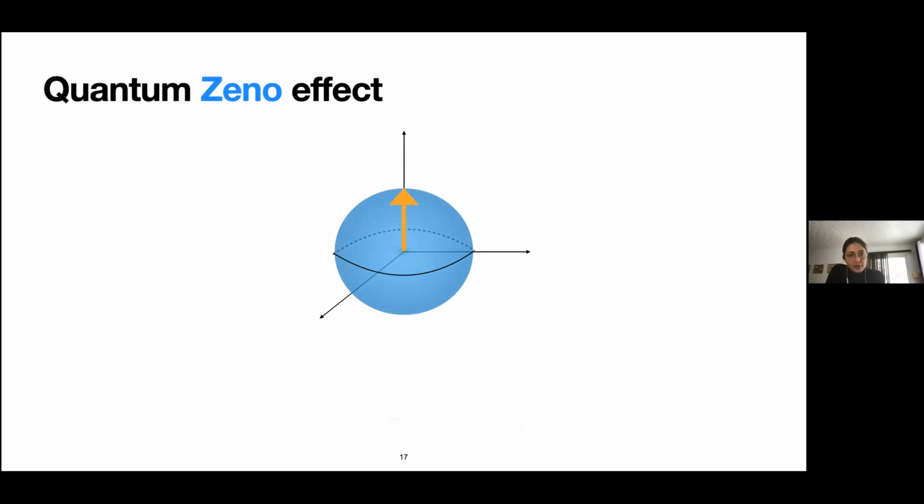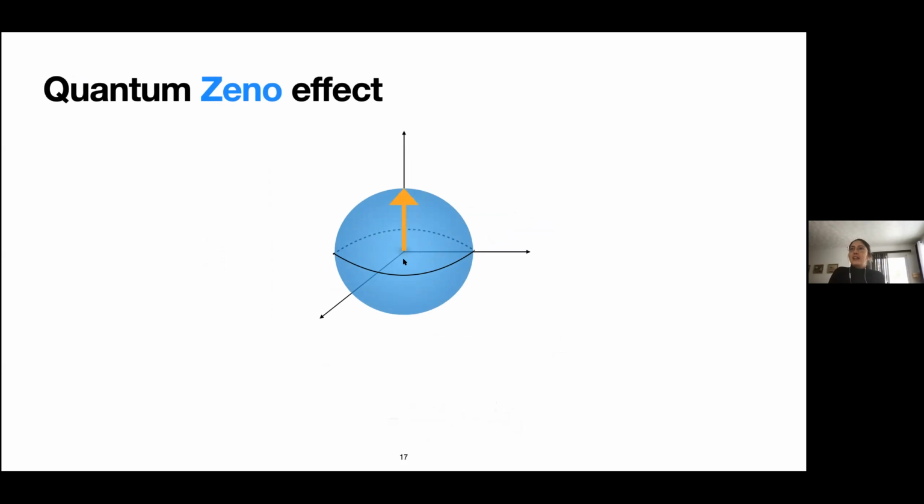To describe the discrete version of the adiabatic state preparation, I want to first introduce the quantum Zeno effect. The quantum Zeno effect, if you recall, is something that helps fix a state in time to avoid decoherence.